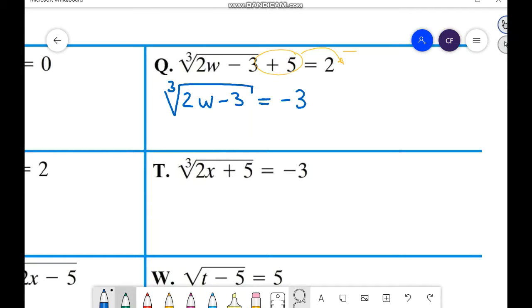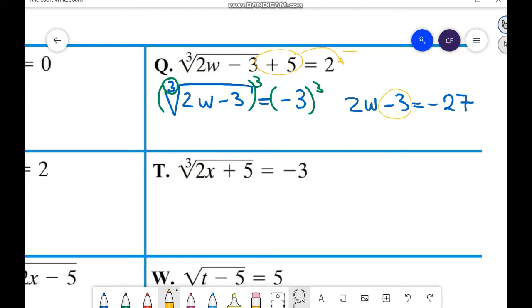Now apply the cube to both sides, the same power as the index, and then you're going to find 2w minus 3 equals negative 3 to the power of 3, which is negative 27. Move this negative 3 to the other side, it becomes a positive.